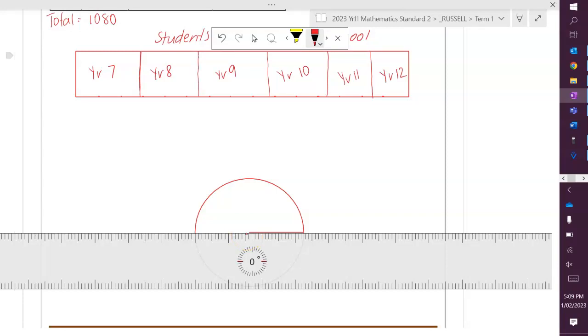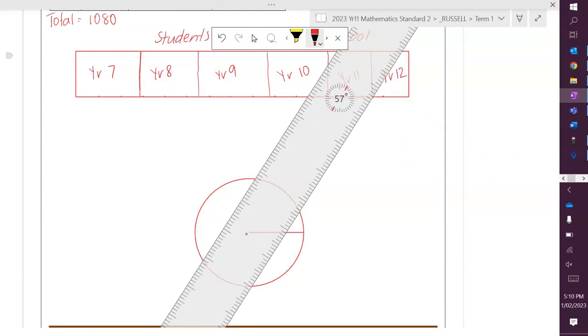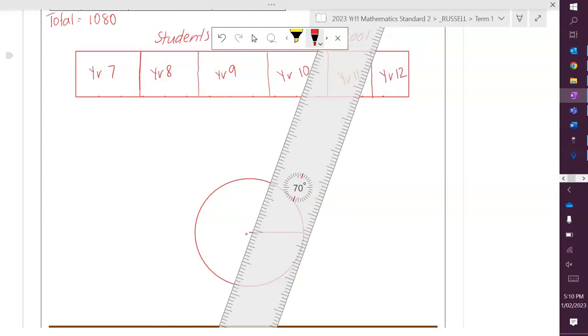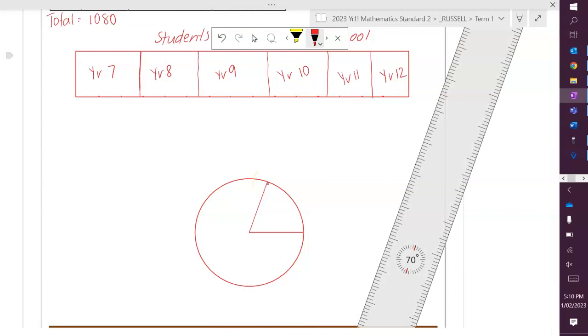So it's around here somewhere, but I'm just going to use the ruler to get to my 70 degrees and then I can draw my line in. Be mindful as well when you draw your circles, try and use your compass so that you're going to get an accurate circle. So that would be year 7.